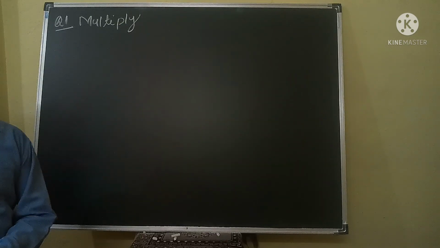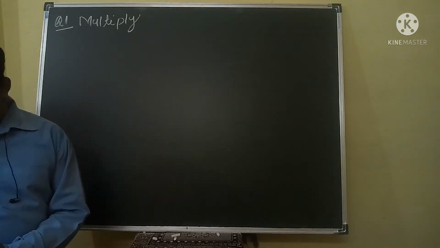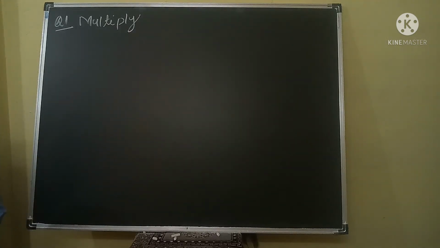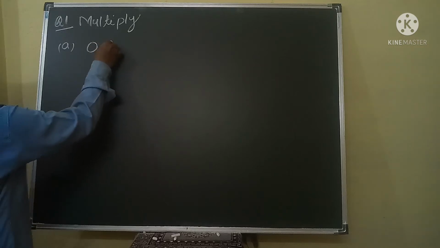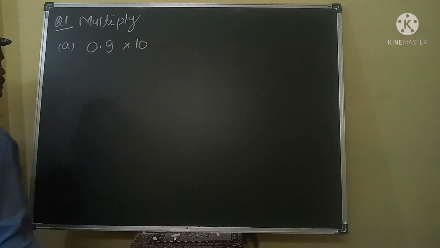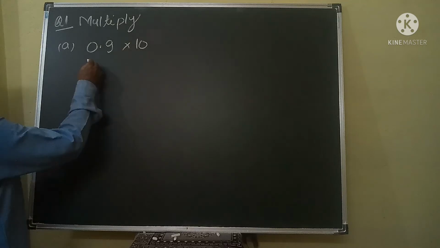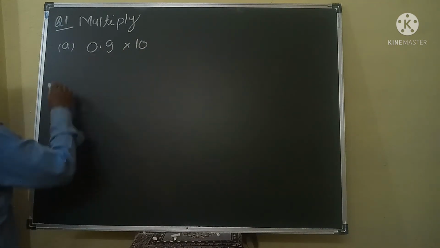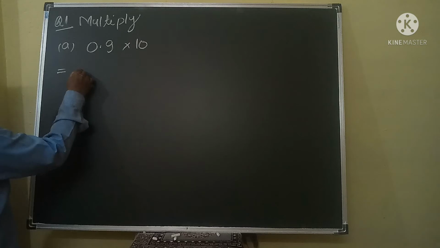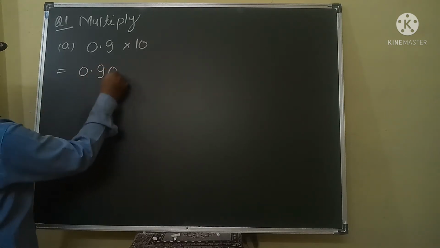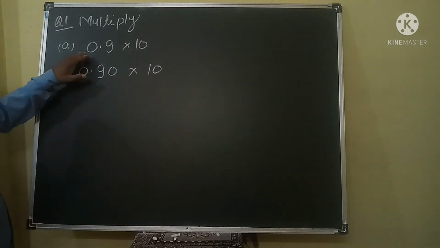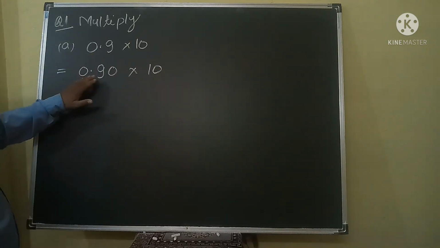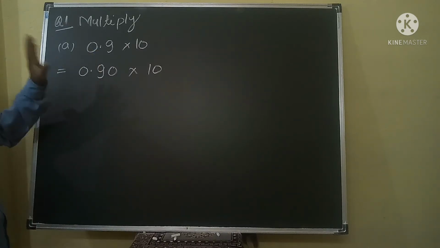This is the required answer for the required question. Now we will discuss some problems from your book, page number 92. Your first question is 0.9 into 10. Okay, so what will we do? We will apply the same procedure. 0.9 we can write as 0.90, multiplied by 10. 0.9 and 0.90 are the same value.